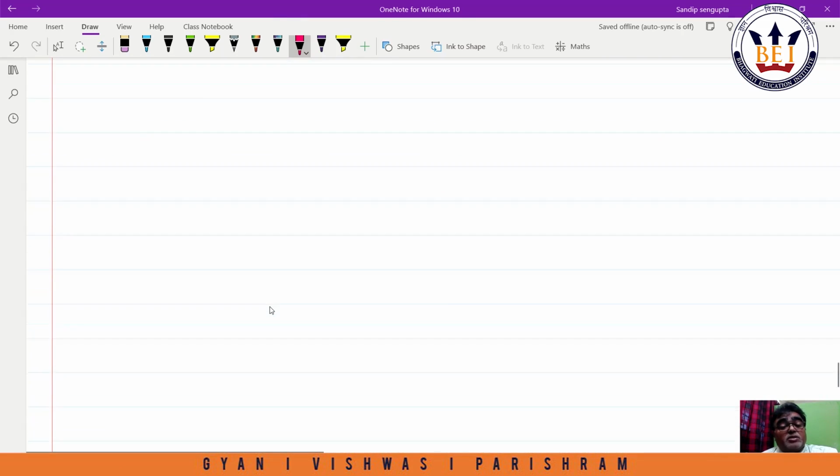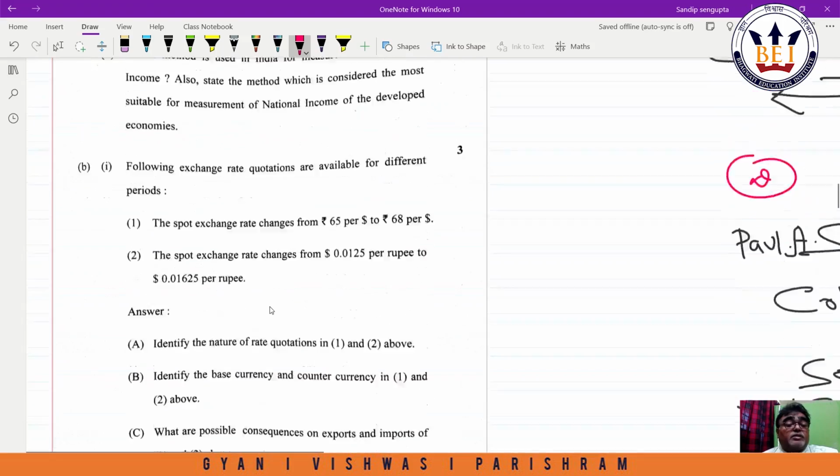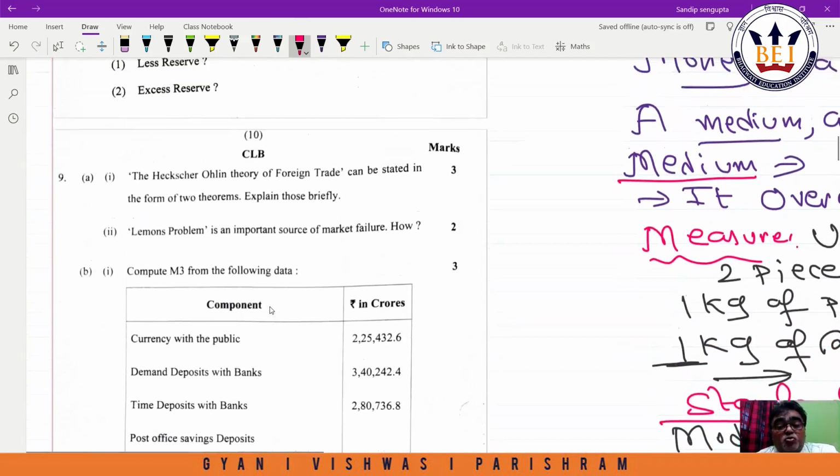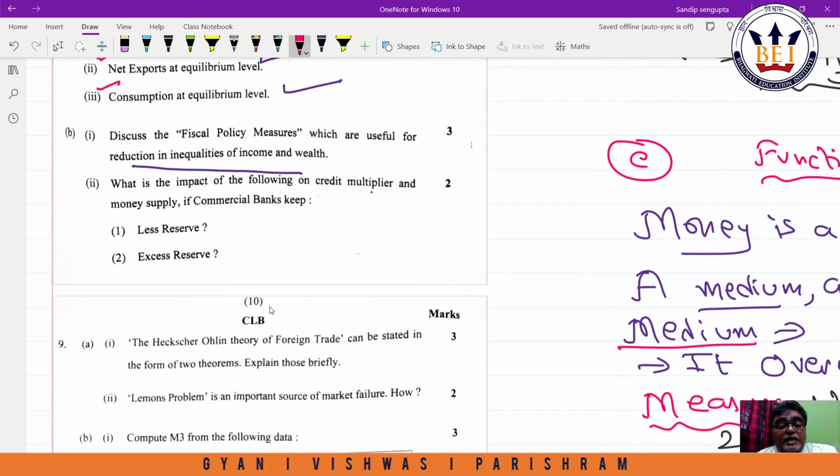So come to this question then. The question is: excess reserve means both credit multiplier and money supply will decrease. Obviously, less reserve means the opposite concept.